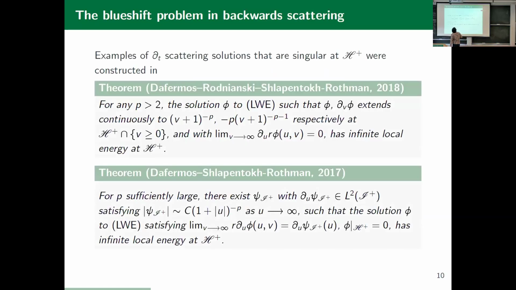In the paper where the scattering theory for the wave equation on curved spacetime was established, there was also a little theorem at the very end, which said that for any p greater than 2, if we prescribe as scattering data 0 at sky plus, and then a radiation field that settles down to a pure tail along h plus as v goes to infinity, then the resulting solution, which is of finite partial t energy, has infinite local energy at the event horizon.